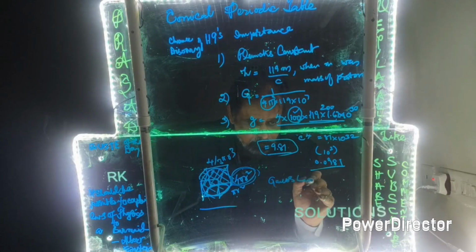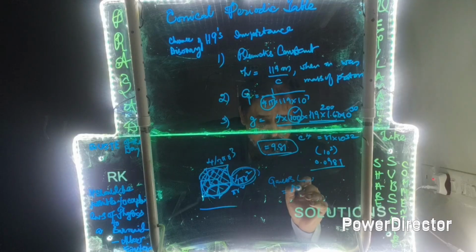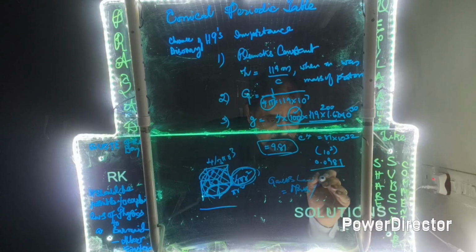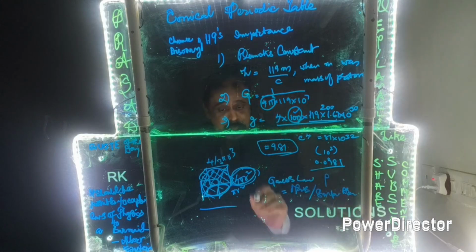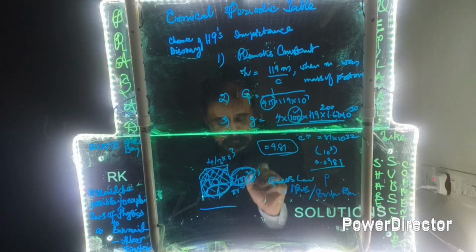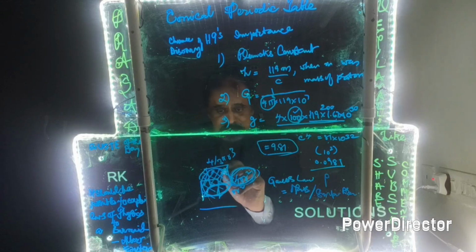Gauss's law says mass by rho is given by mass by the surface area, right? So this 4 pi r squared is the surface area of a sphere.